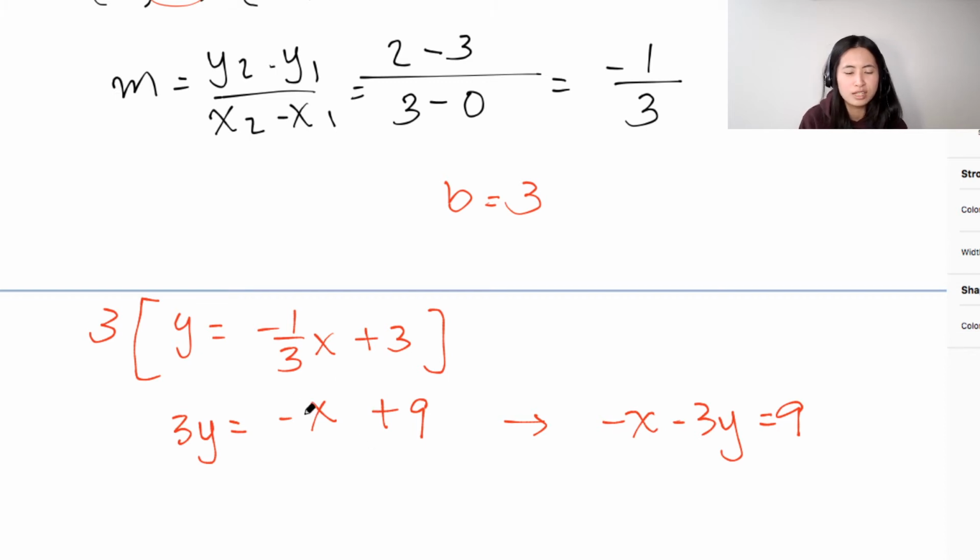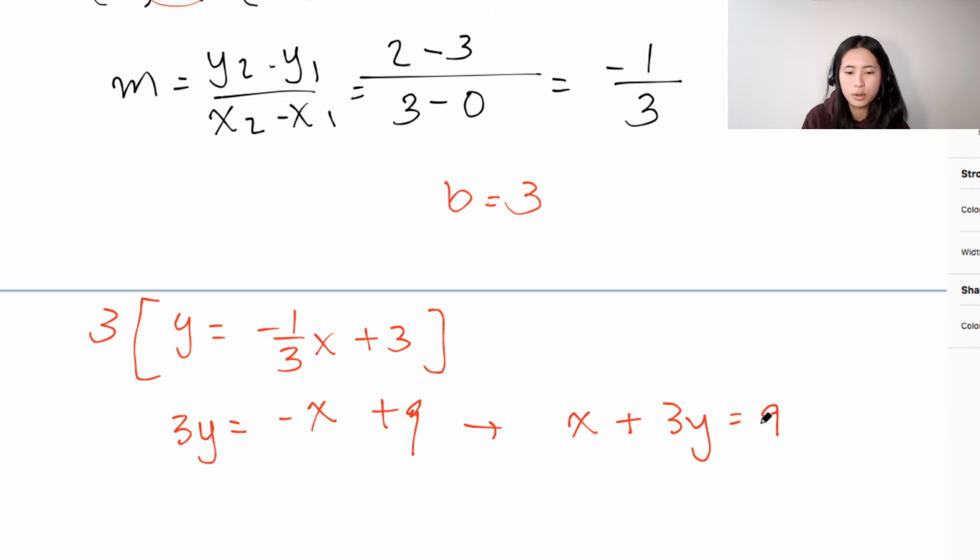If you move the 3y to the opposite side, it becomes -3y. Or we can turn the -x into a positive x. If we move this -x to the opposite side, we get x plus 3y equals 9.